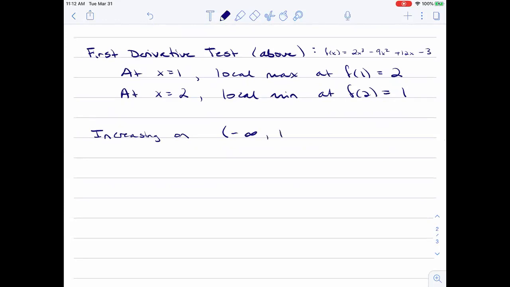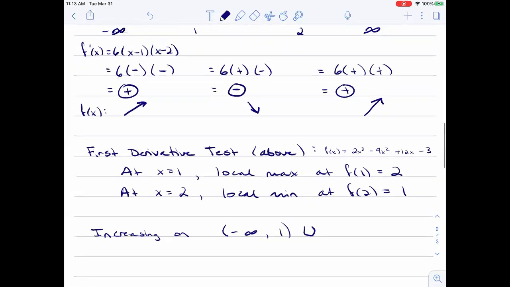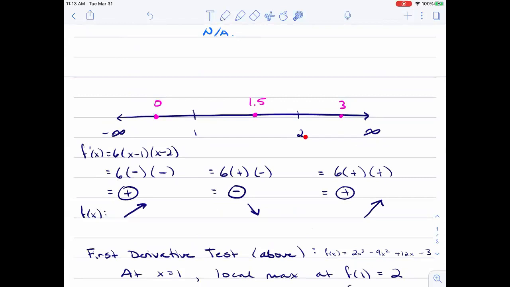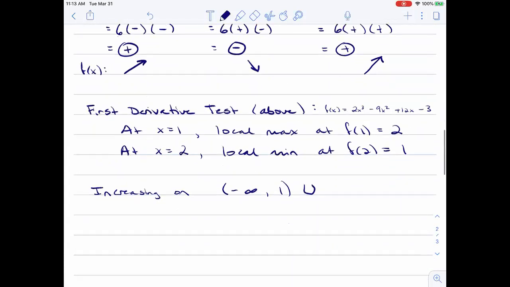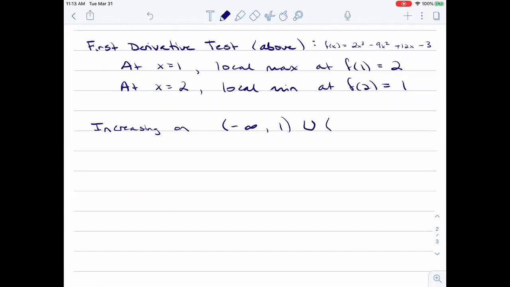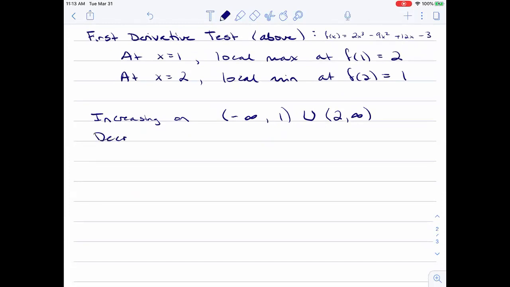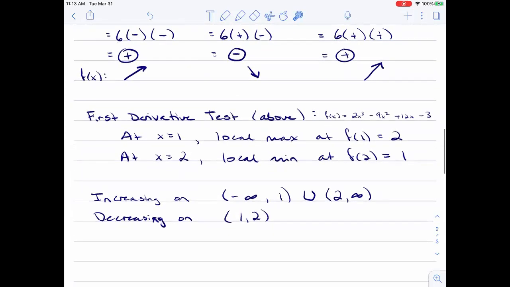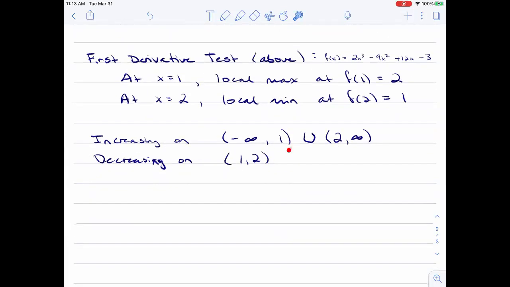Increasing on negative infinity to 1, union 2 to infinity. And it's decreasing on the interval 1 to 2. Not inclusive because those are our critical points, right? And so the derivative there is 0, which is how we found those critical values. So it's not including those points.